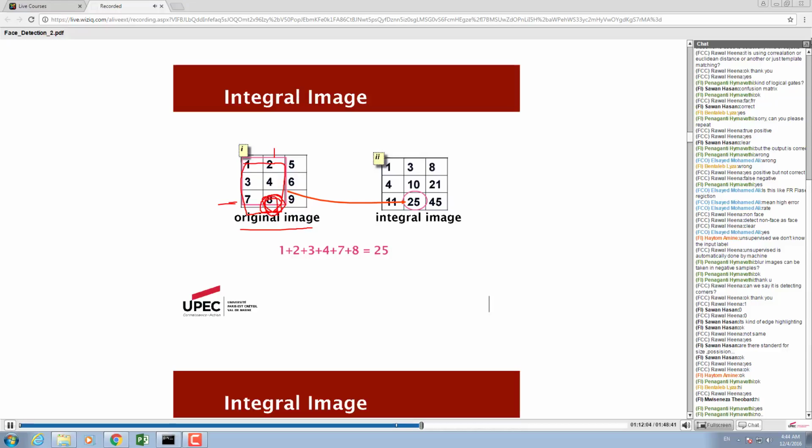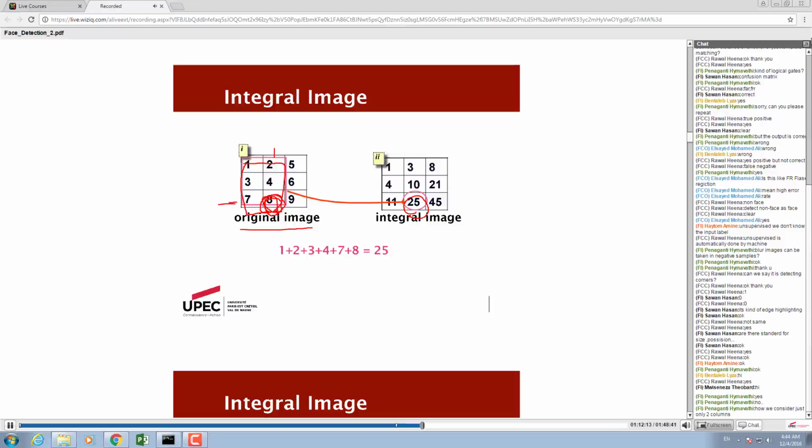So sum of the integral means sum basically, right? The sum of all the values of this region, 1, 2, 3, 4, 7, 8, becomes 25. So 25 replaces the current position 8. That is the integral value.